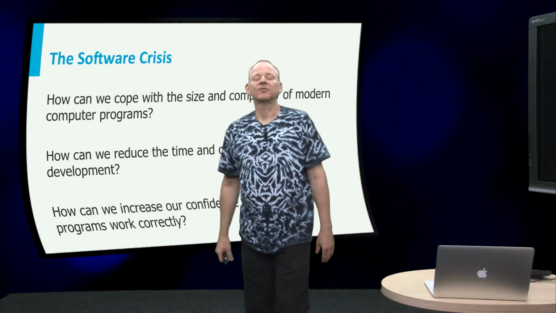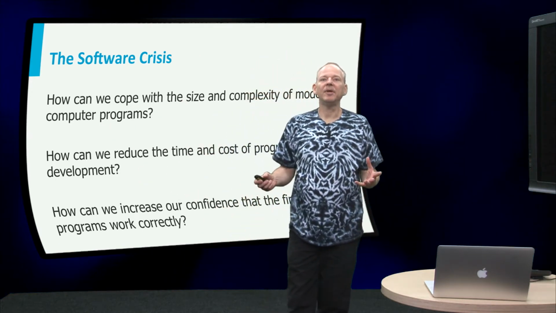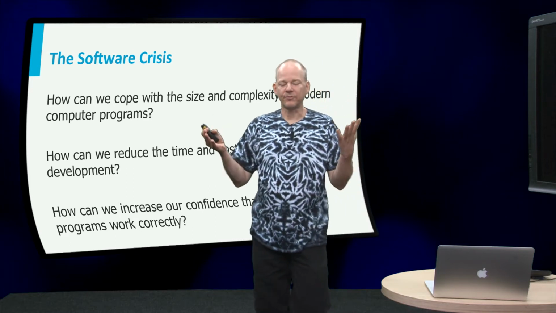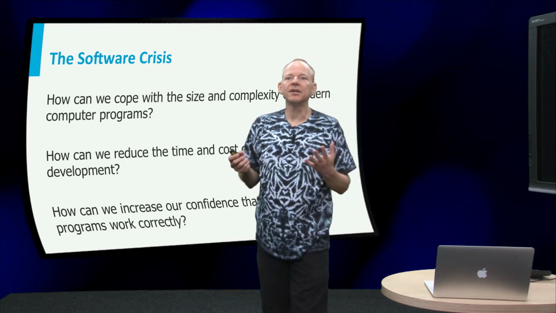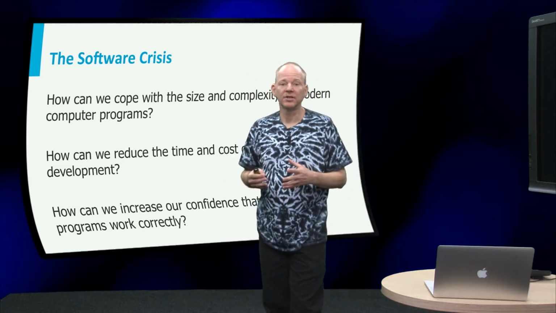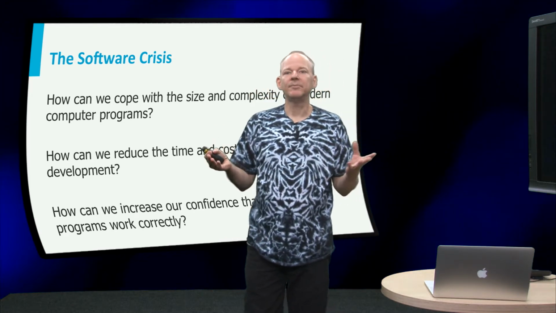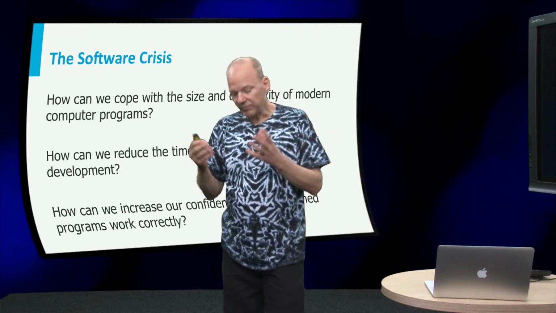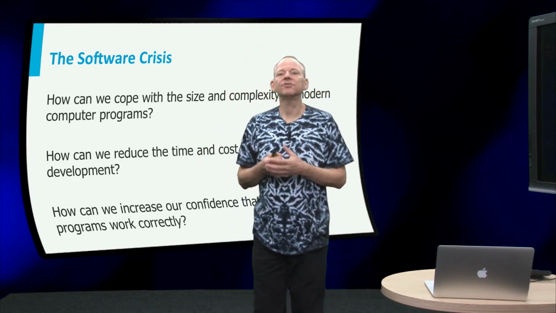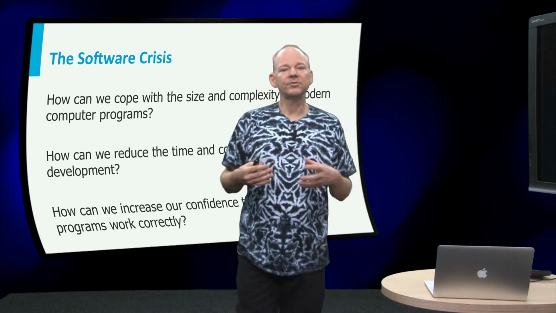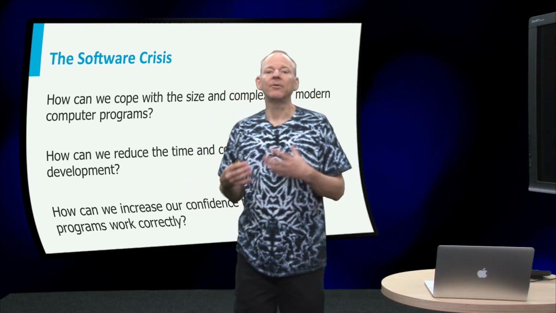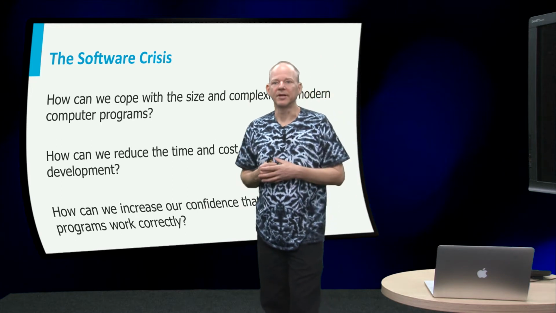What's the problem that we're trying to solve? The problem is the so-called software crisis. We all know as developers that writing code is pretty difficult. We're writing huge programs, and what we need to do is to reduce the time and the cost of development. We want to deliver software fast, and we want to deliver correct software.